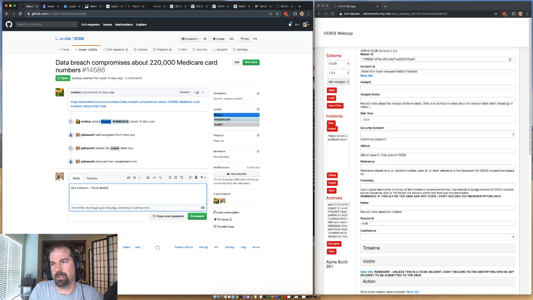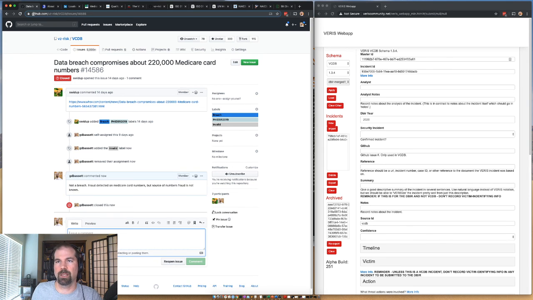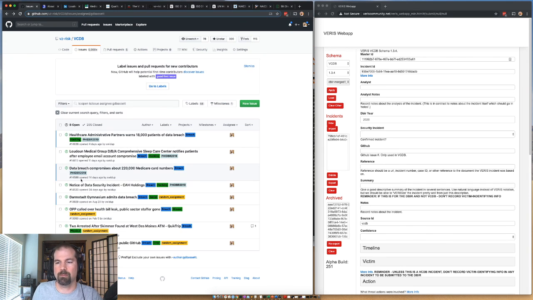Fraud detected on Medicare card numbers, but source of numbers for fraud is not known. And a closing comment and get rid of that one. So it's out of the way, and then we'll go on to the next.